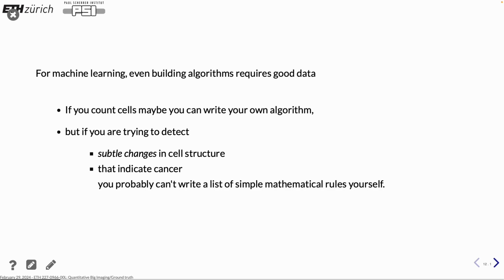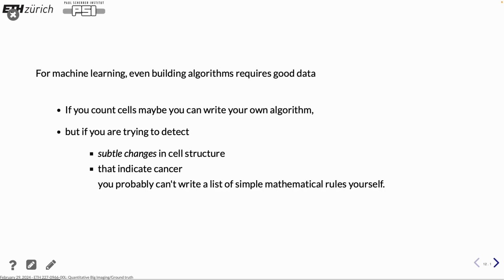For machine learning, as I already said, you need good data. So if you, for example, want to count cells, you could possibly write your own algorithm. But if you want to see small changes in the cell structure, it's starting to get a bit tricky. You can still go for writing your own algorithm. And always, when it's about subtle changes in noise, it's getting harder and harder to write flexible algorithms that can handle it.